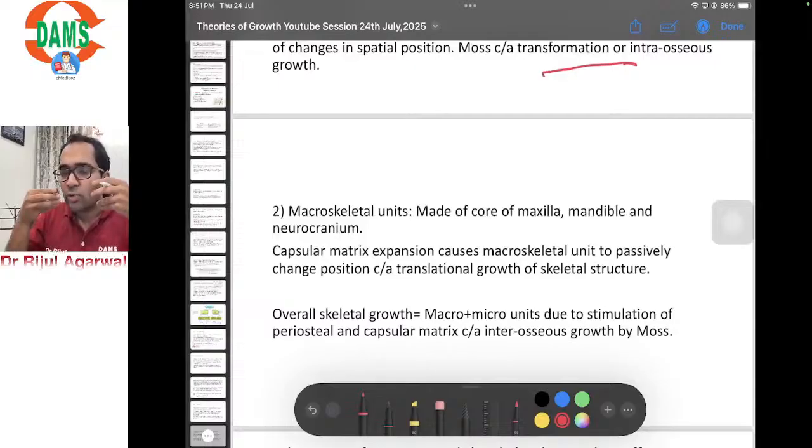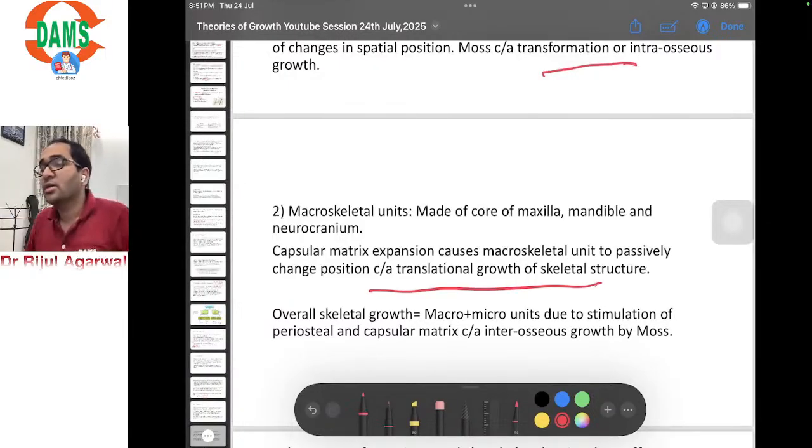The growth of the orofacial capsule will push the whole macroskeletal unit, that is, translate it from one position to another. Okay, that's why it is known as translational growth, because there is a spatial change in its position.